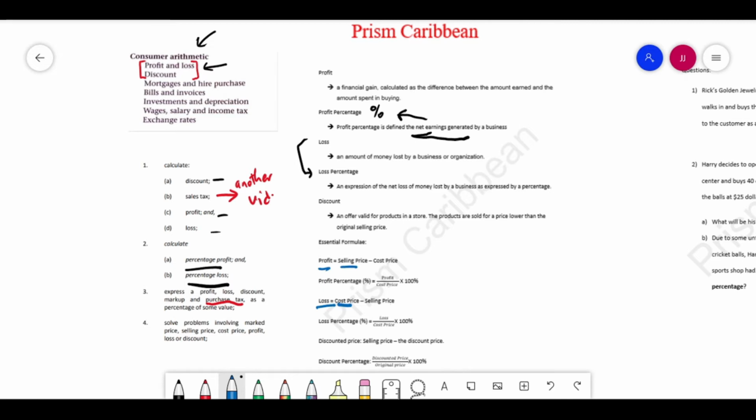The discount, on the other hand, is the original selling price minus the discounted price. Now, a discount is an offer valid for products in a store. What this means is that a store would decide to sell a product lower than the original selling price. This may be due to numerous circumstances.